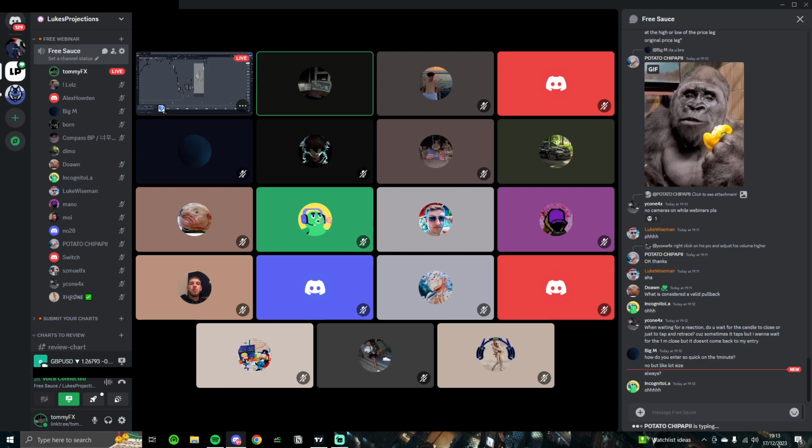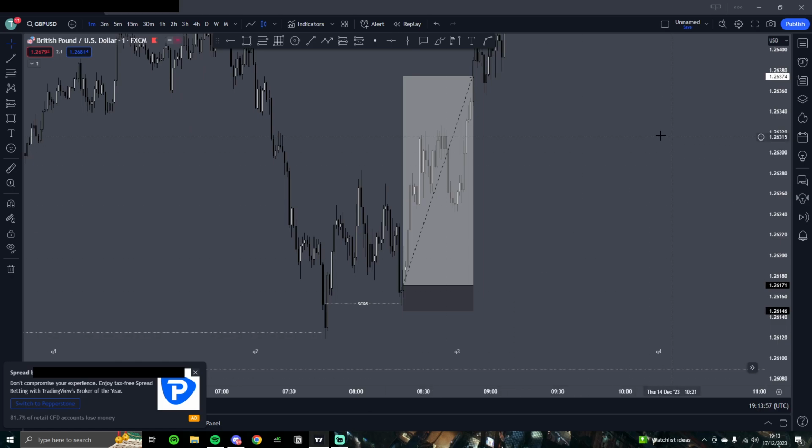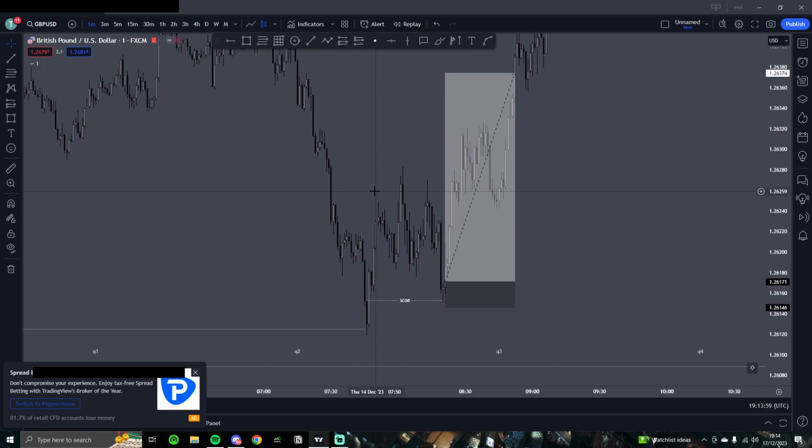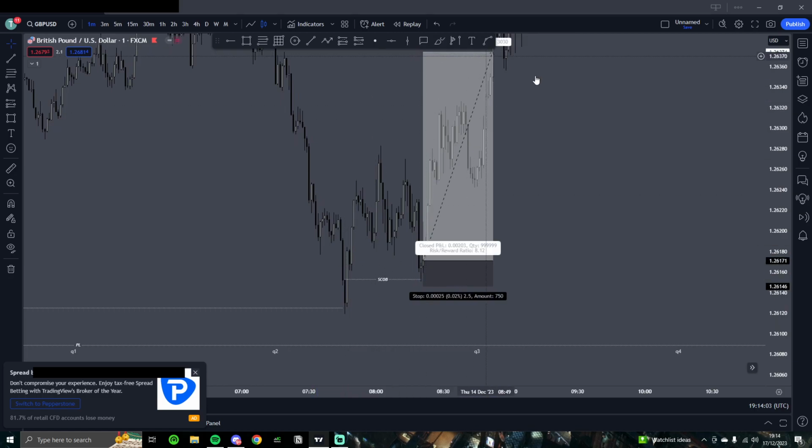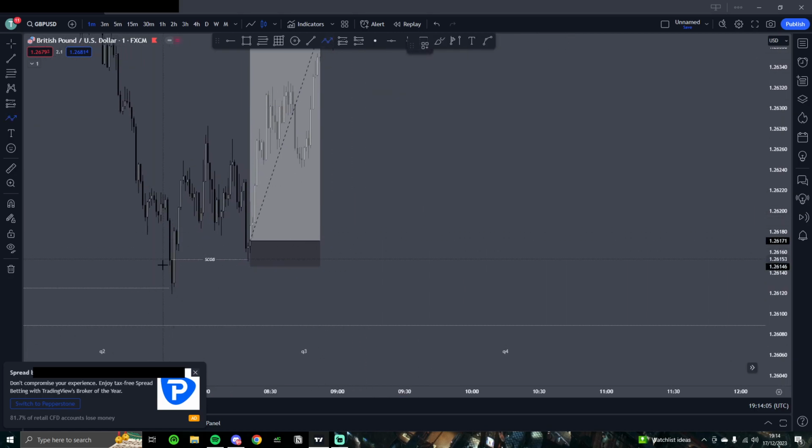What is considered a valid pullback? A valid pullback is quite literally just stalling to get back to your order block. So for example, this one, say we're reiterating this model, as we can see here, it's had a little pullback down, and then we see the break, which is right here.